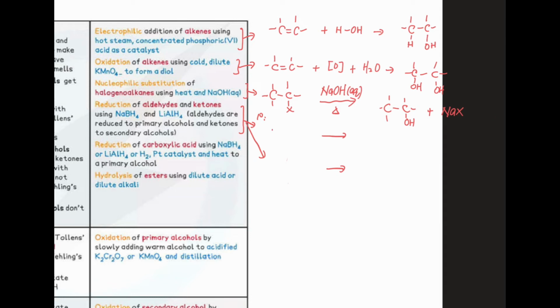Okay, so it starts from aldehyde. And then reduction happens here where you have hydrogens. So the hydrogen is added to the oxygen and then to this carbon. And then this is primary alcohol.